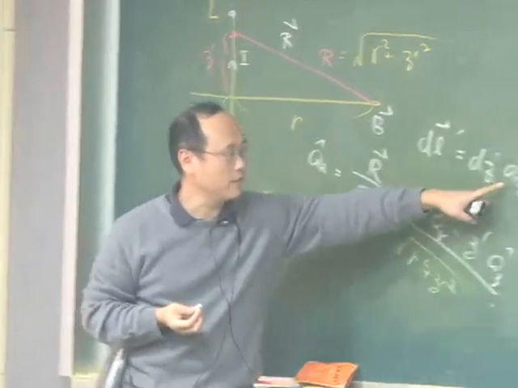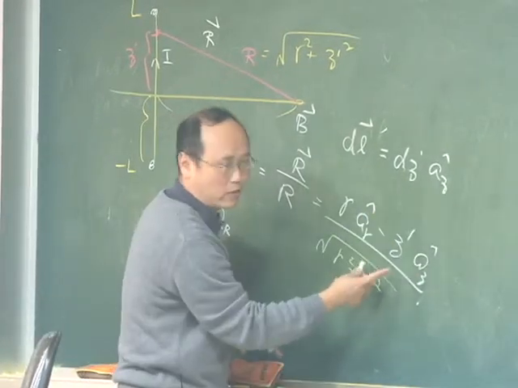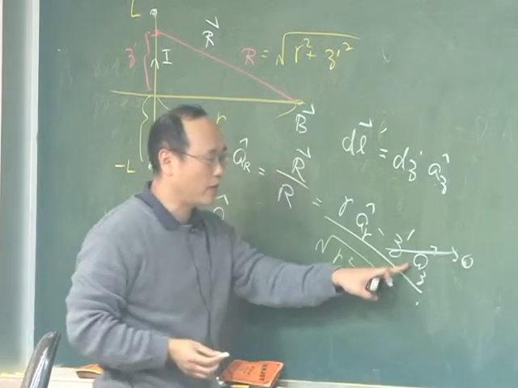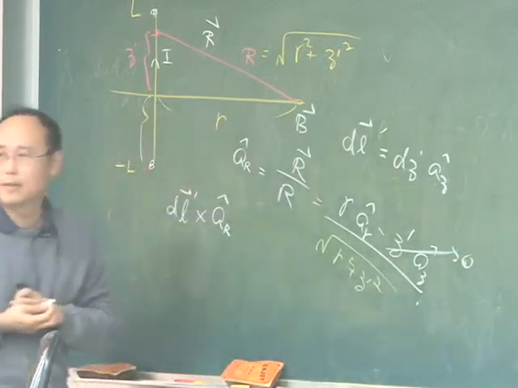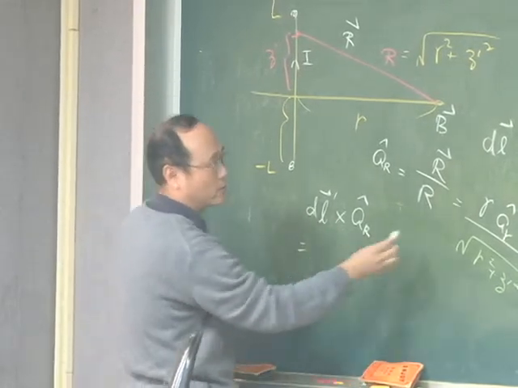Here there is a z cross with a z, and a z cross with a z is going to give you 0. So you don't have to worry about this term. But you do have to worry about this term.